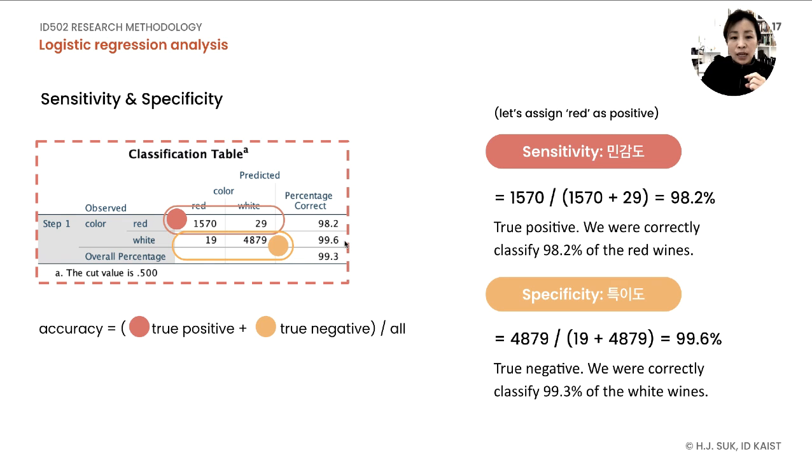So in this case, specificity has been more powerfully estimated than sensitivity, because 99.6 is larger than 98.2. So to talk about this kind of issue, you can use this term. And accuracy is like the sum of the true positives and true negatives divided by all. Okay, so the proportion of the correct values.